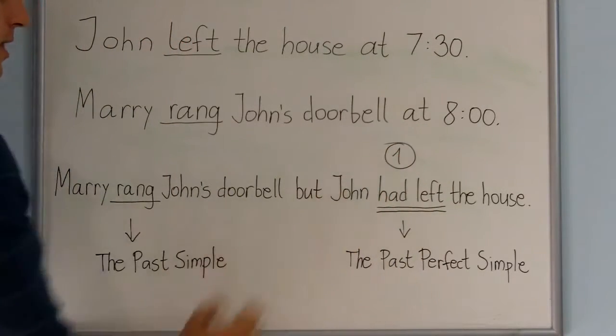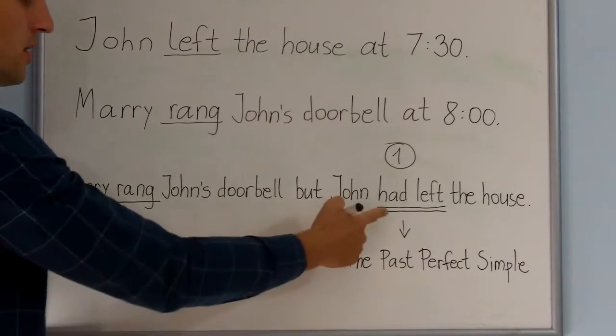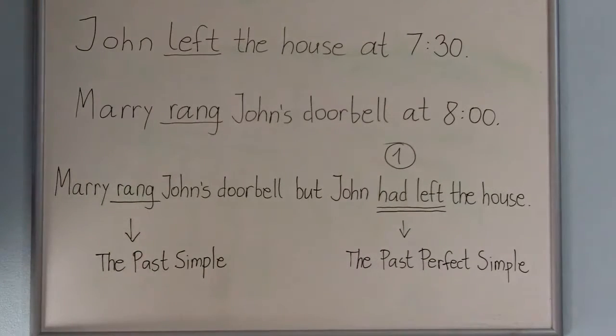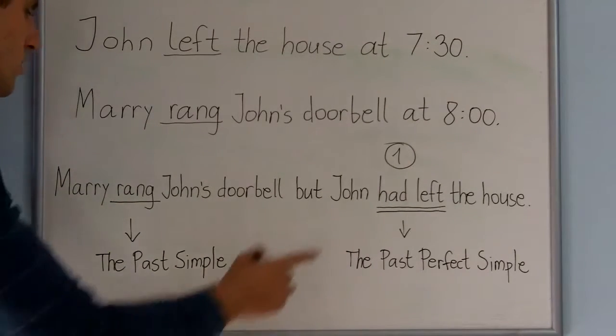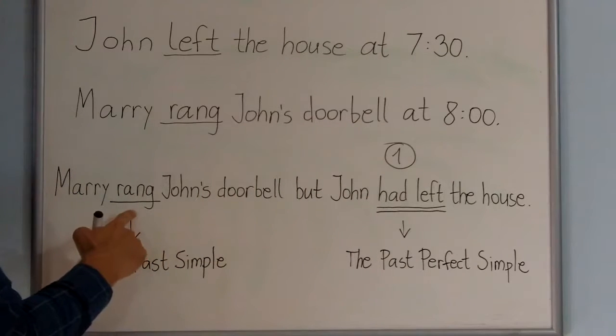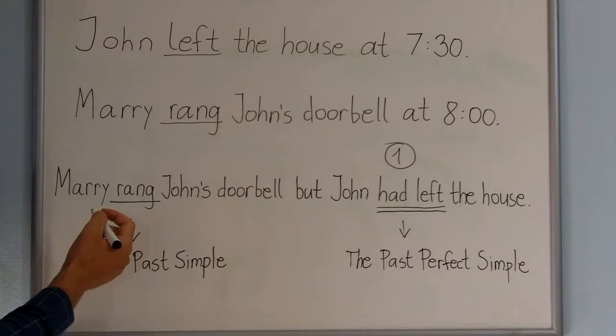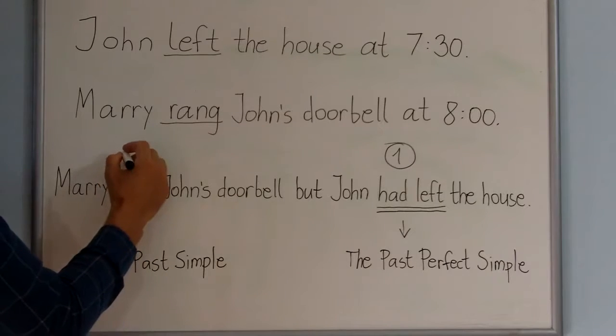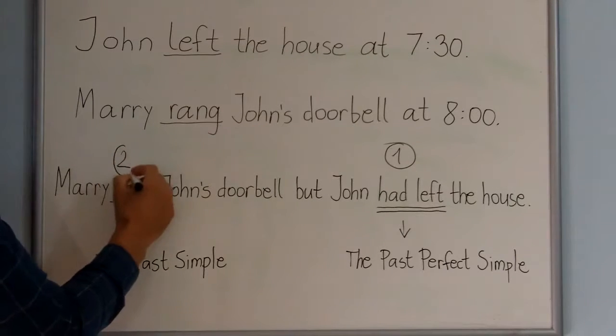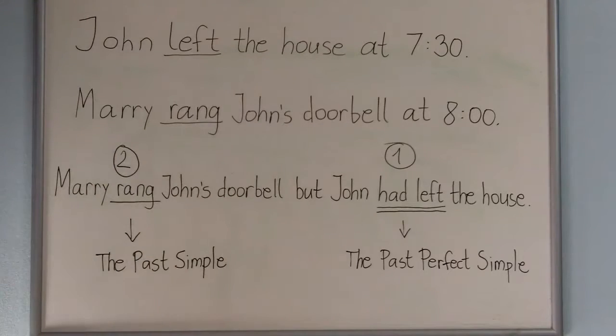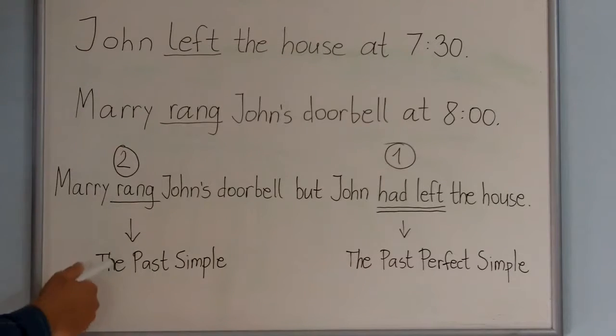This action, had left, happened earlier in the past. It happened before this action. Mary rang John's doorbell. We'll place number 2 here because this is the second action in the past. Here we use the past simple verb form, rang.